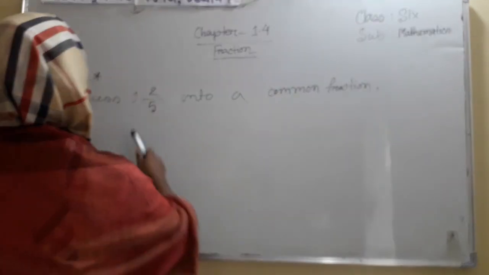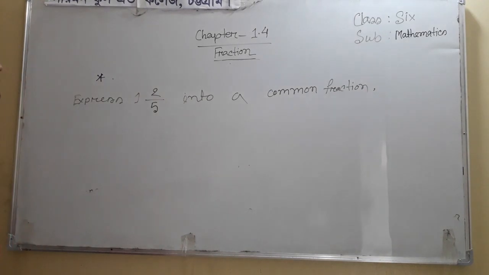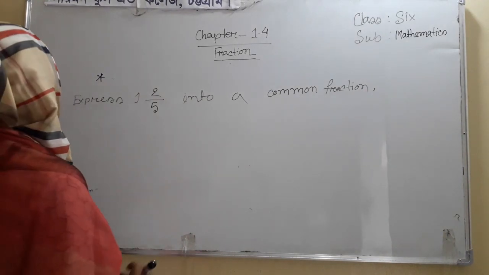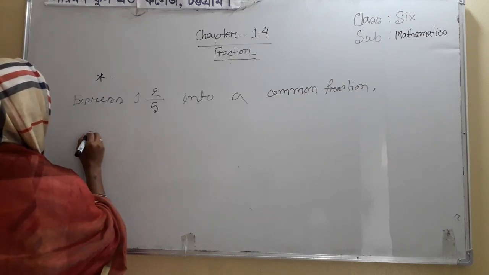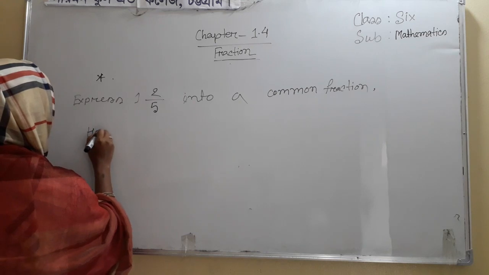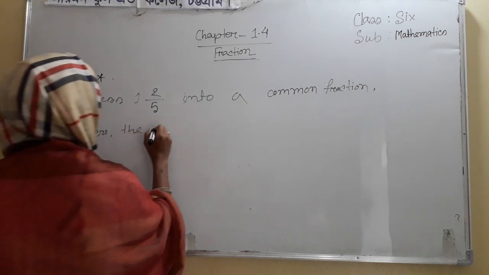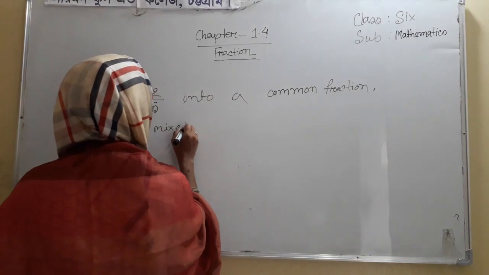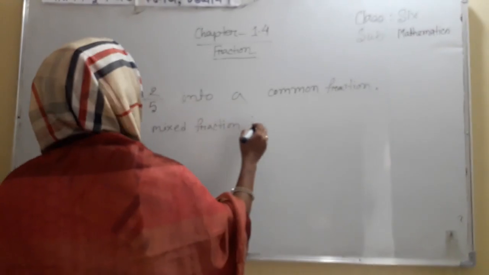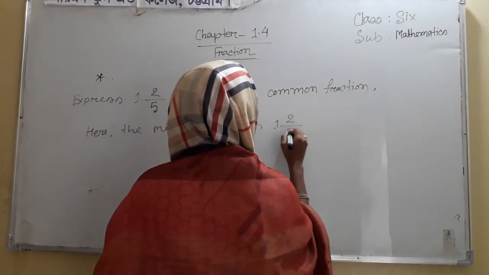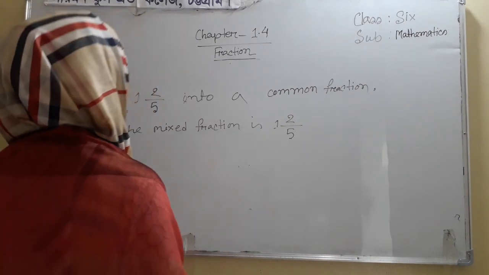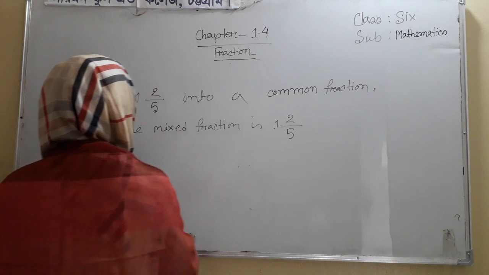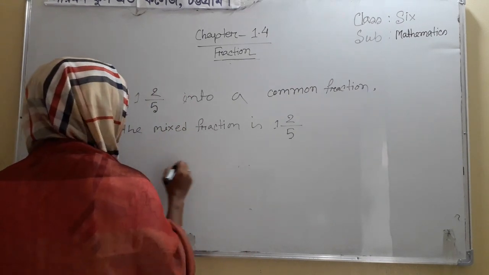That means this mixed fraction we need to convert to a common fraction. Here the mixed fraction is 1 and 2 by 5. Now to convert this mixed fraction to a common fraction, we need first the denominator.